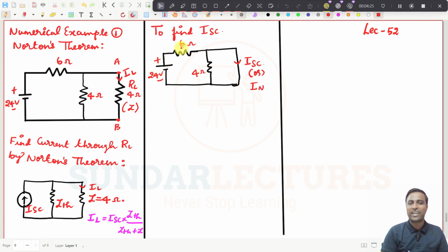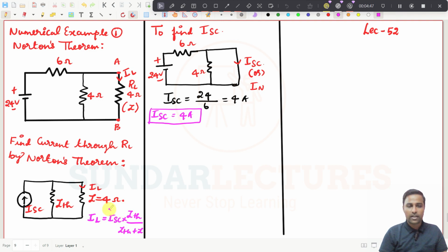ISC will be 24 divided by 6, so it is very simple to find. ISC will be equal to 4 amperes. That is what we have found now.